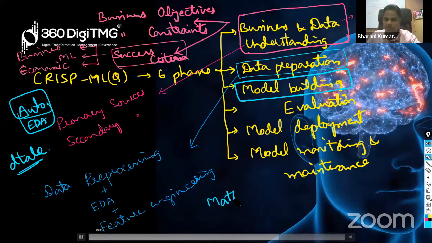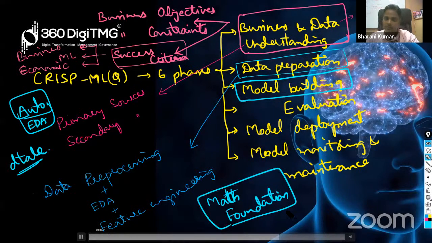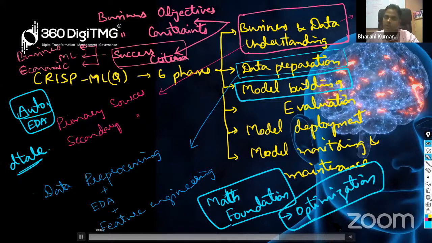Some math foundations is extremely important. So we have understood math foundation. As part of that, our focus was on optimization, wherein we discussed minima, maxima. How do we figure out minima and maxima? Right? That's what we discussed.